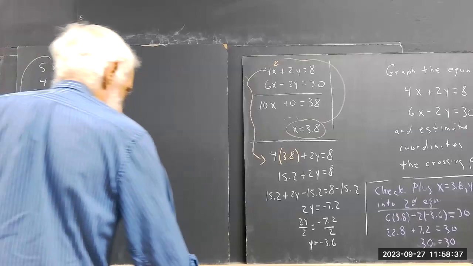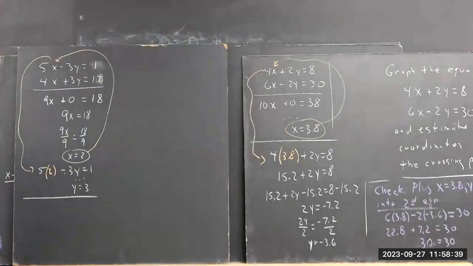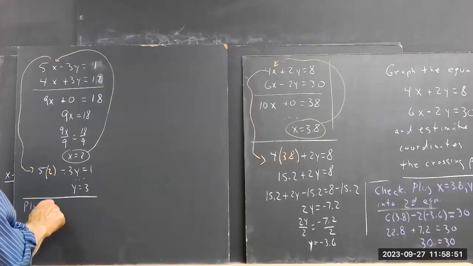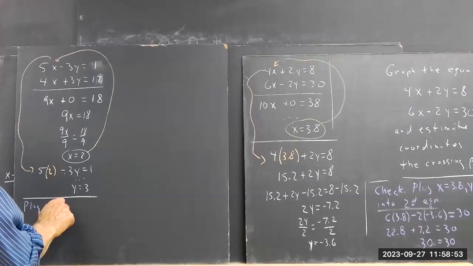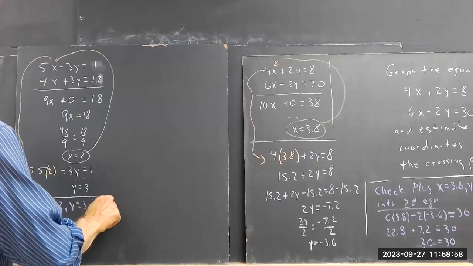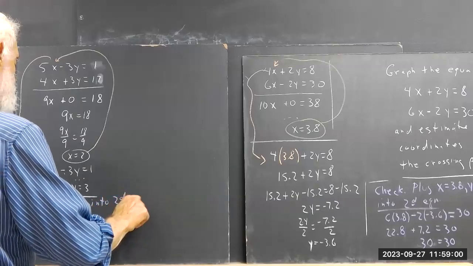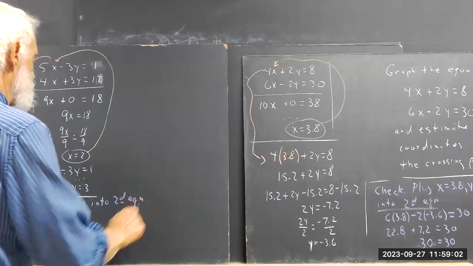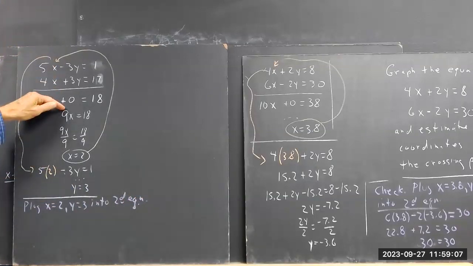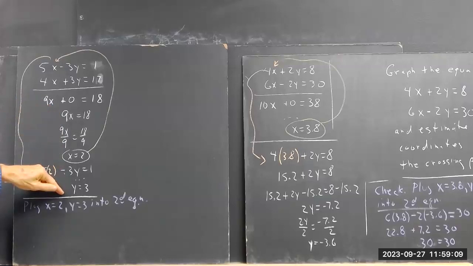Let me check. If you haven't done the check, do it before you see me do it. Okay, we're going to plug into the second equation. Because if we plug it into the first equation, all we do is confirm that these steps are correct.